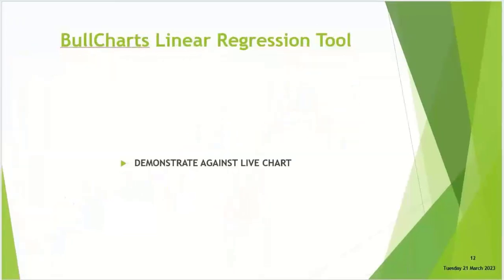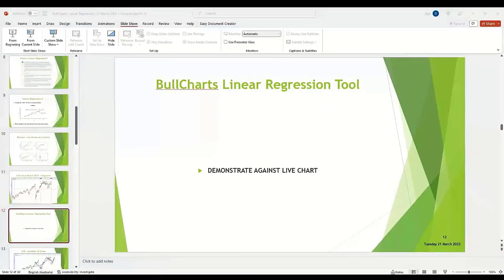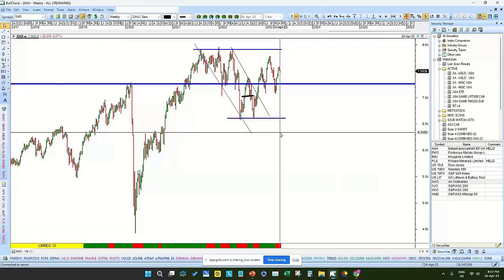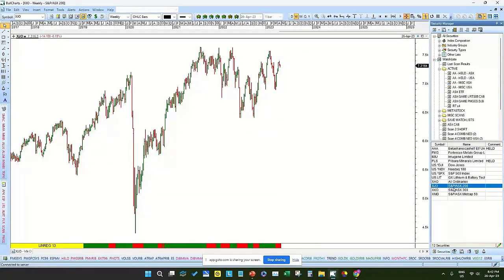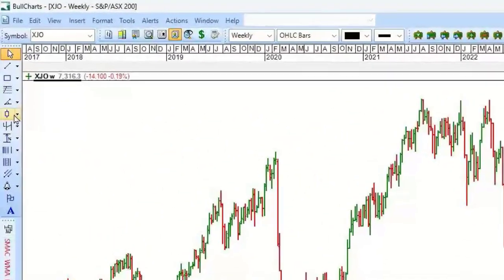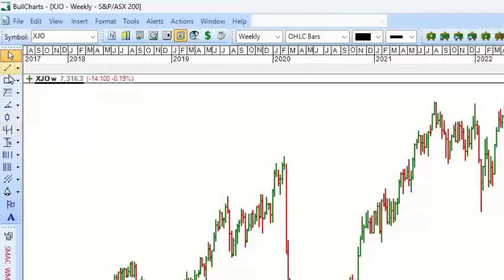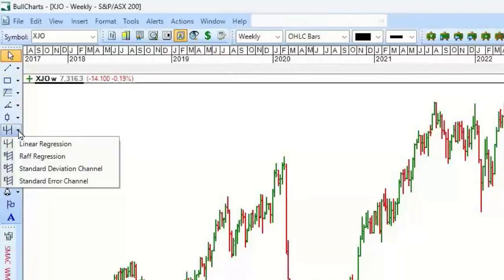So let's demonstrate that against a live chart. If you remember the last slide, which was the XJO, I'll put it onto XJO. I have my drawing tools on the left-hand side toolbar. You'll see under the regression one, there are 4 regressions.